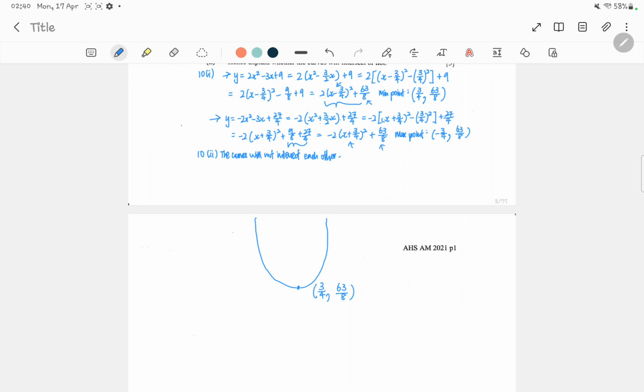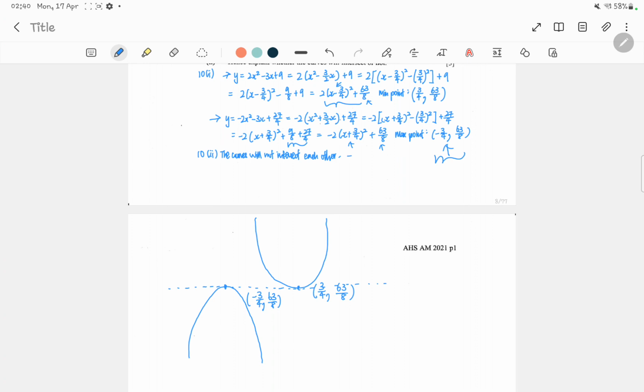This other curve is a frowny curve, and this is the maximum point. Let's draw a horizontal dotted line so that you all can visualize, for clarity. The maximum point is given by minus 3 over 4 and 63 over 8.